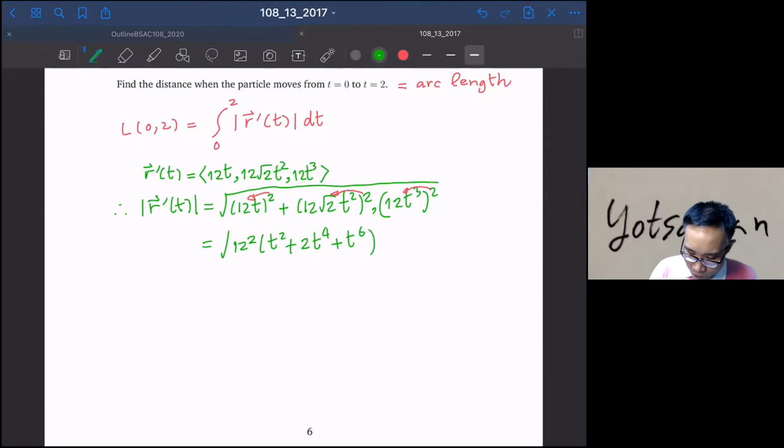Okay, so it looks like this, and then you see that it's going to be 12 squared, and you get t squared times 1 plus 2t squared plus t to the fourth.